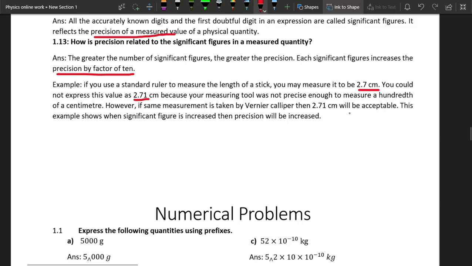So this shows that if significant figures increase, precision will also increase. This example clearly shows that the more the significant figures, the more the precision. Otherwise, if your instrument is not precise enough, you cannot get an accurate value.